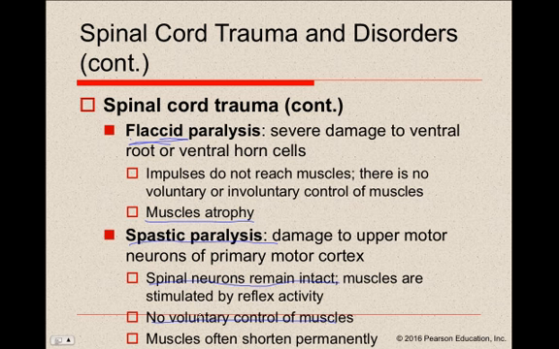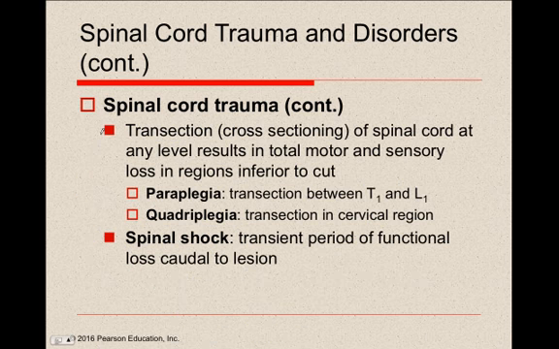And oftentimes the muscles will start to shorten permanently because they're just getting the reflex activity. So kind of interesting, that's called spastic paralysis. But that's because this is damage to the primary motor cortex in the brain. Flaccid paralysis is where we actually have damage to the motor spinal nerves themselves.